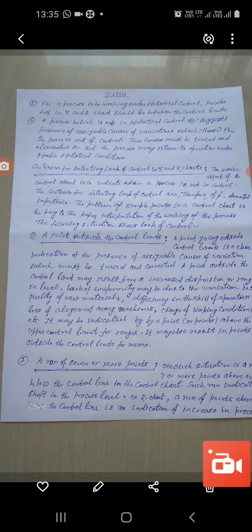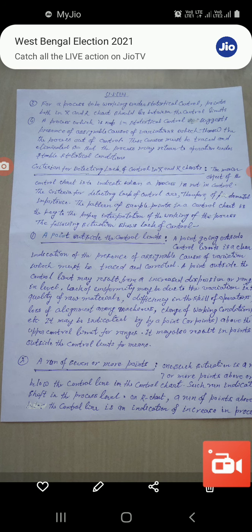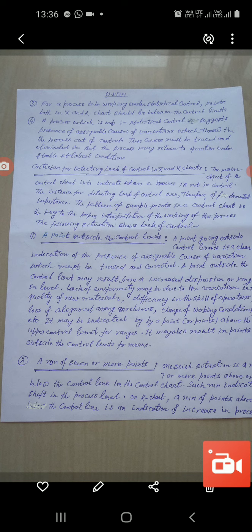This suggests the presence of assignable causes of variation which throw the process out of control, and these causes must be traced and eliminated so that the process may return to operation under stable statistical conditions. Means if the process is not in control, then the reasons for this must be traced and eliminated.